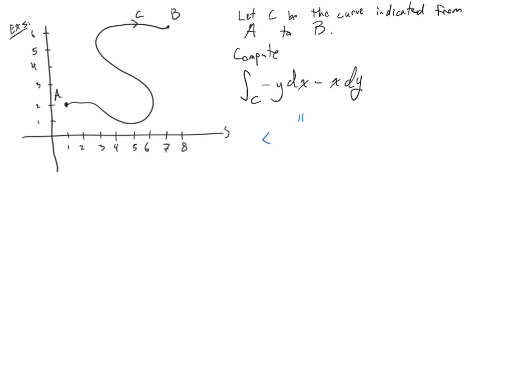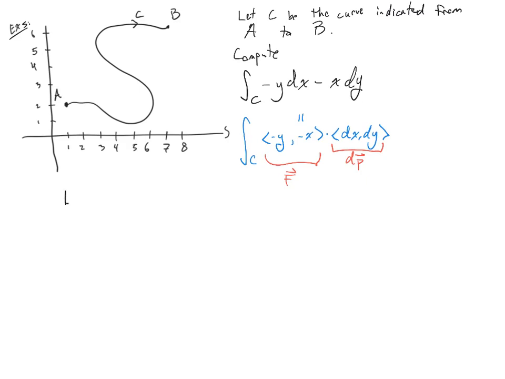So this looks like the integral over C of minus y comma minus x dot dx dy. And dx dy, that's dp that we're writing down. So minus y, minus x, this is going to be my vector field F.